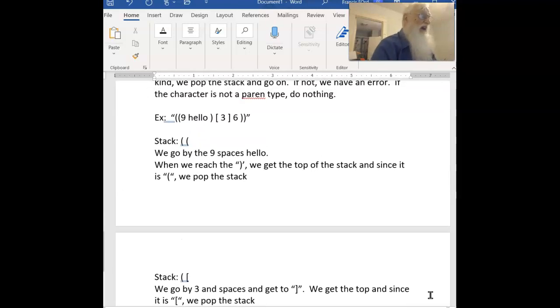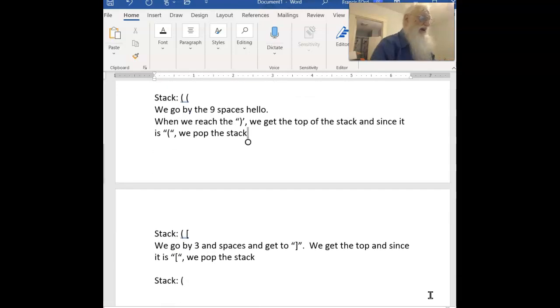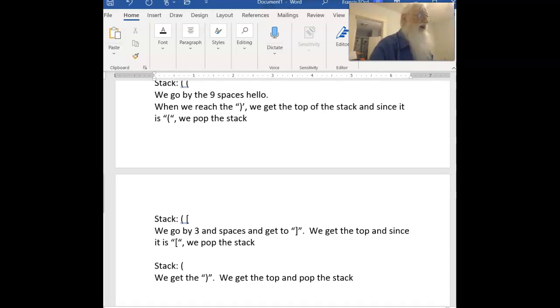Next, we get the closed paren, so that is there. We get the top and pop the stack because everything is fine. Now the stack is empty.